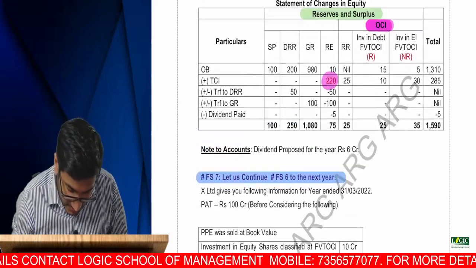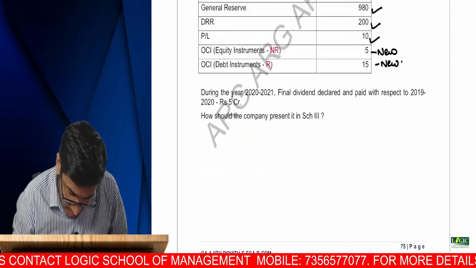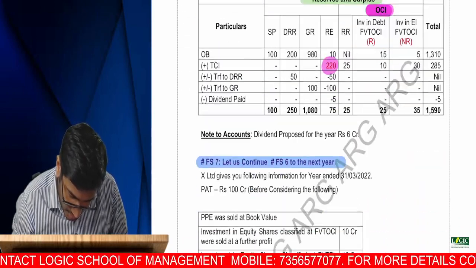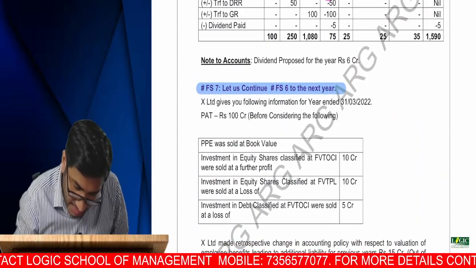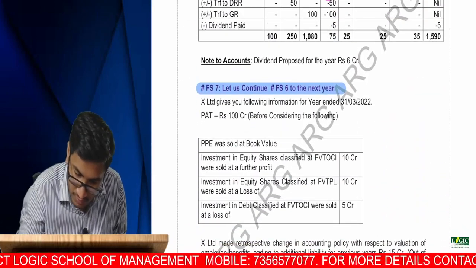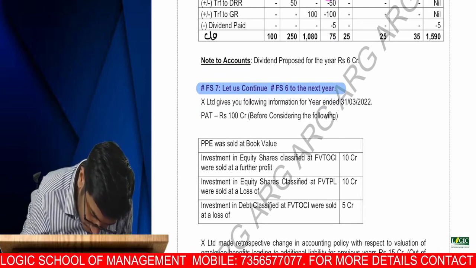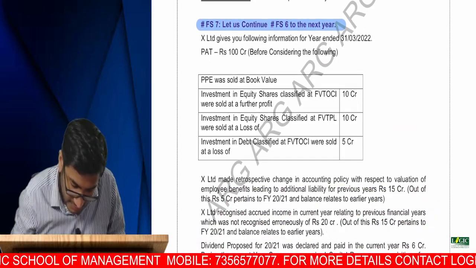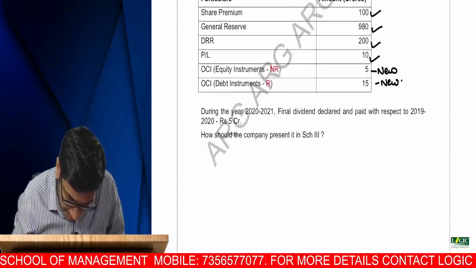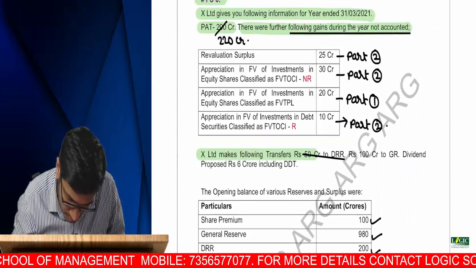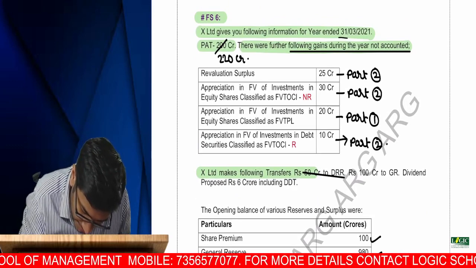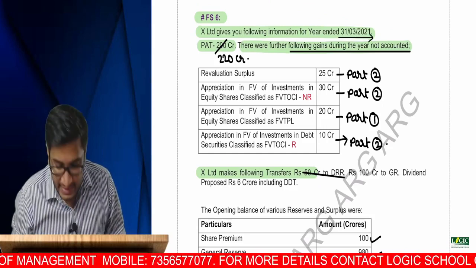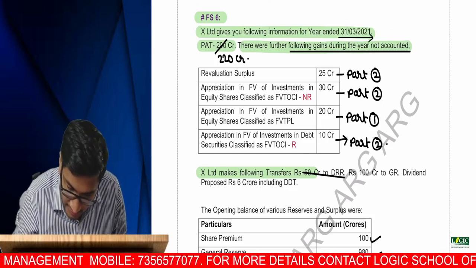That means FS6 we have already presented. Okay. So already we got the closing balance. So we are continuing this to the next year. Okay. So previous year was 2021. Yesterday we have taken 2021 already.